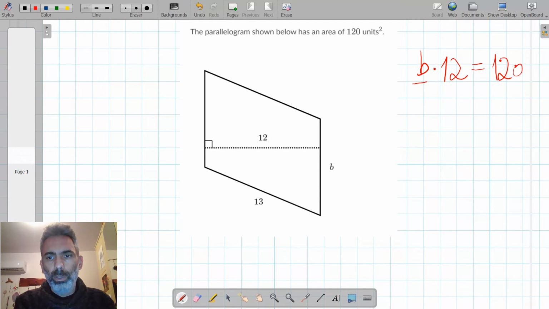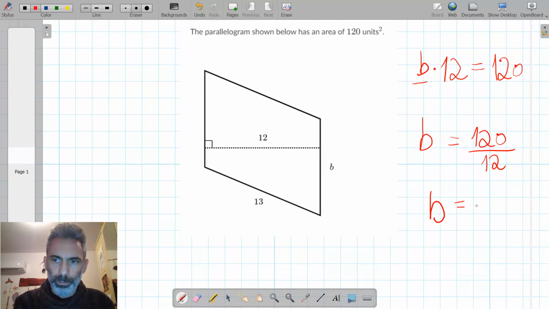So we need to isolate B. To isolate B, we need to divide both sides of the equation by 12. So when I divide the left-hand side of the equation by 12, I end up with B. And on the right side, when I divide 120 by 12, I find that B equals 10.